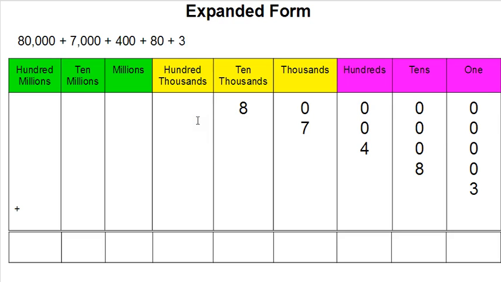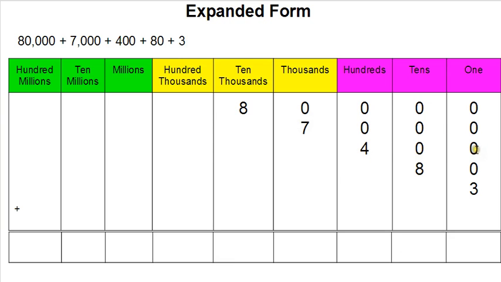So my 80,000, I'm going to put an 8, then a 0, a 0, a 0, a 0. Then I'm going to line up my ones place zeros for 7,000. See how I put a 7 in the thousands place, a 0, a 0, a 0. Then my 400, I'm going to put my 4 in my hundreds place, and my 0 in my 0.